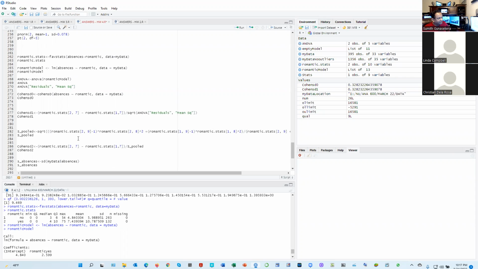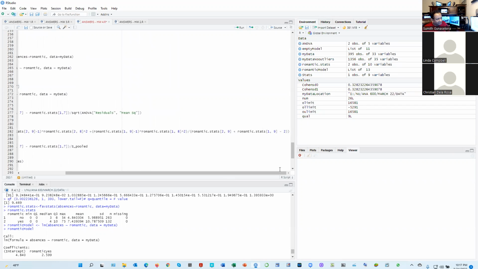So n minus 1 times the standard deviation squared, plus, go to the romantic stat for the people who say no, the 1 and 9, n minus 1 times the romantic stat standard deviation squared, divided by the romantic stat n.